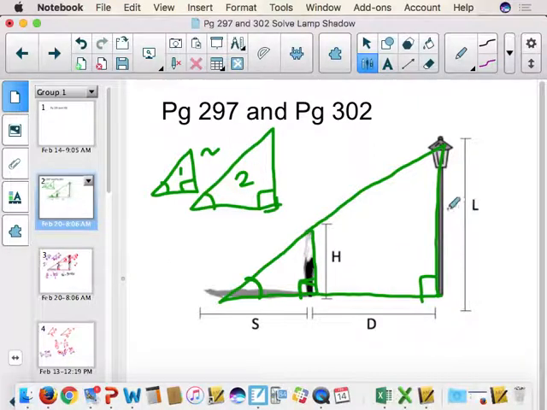Mathematically, if we had 3 of the 4 values, we could find the length of the shadow, right? If the sides are proportional, what might one of our proportions look like? Let's say we labeled triangle 1. What was the bottom length of triangle 1?